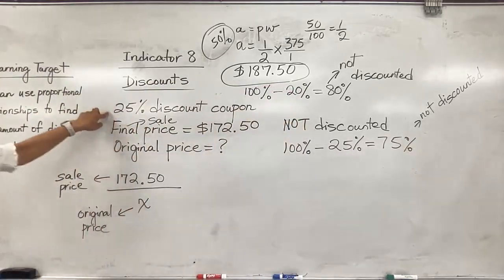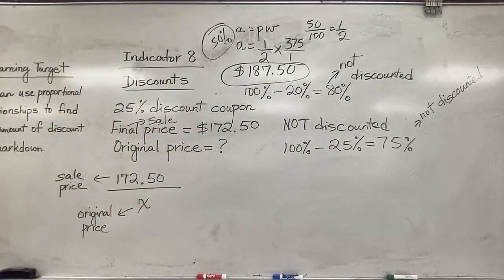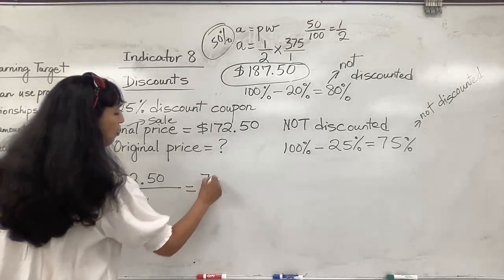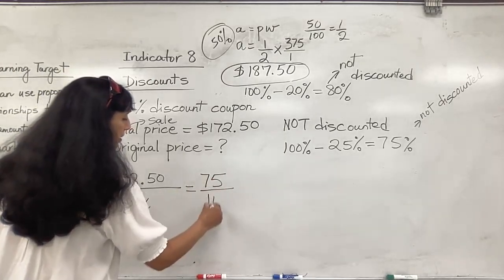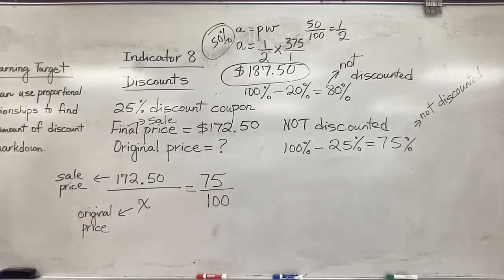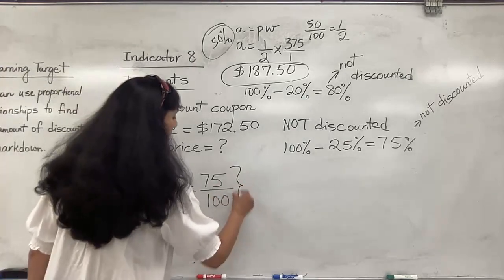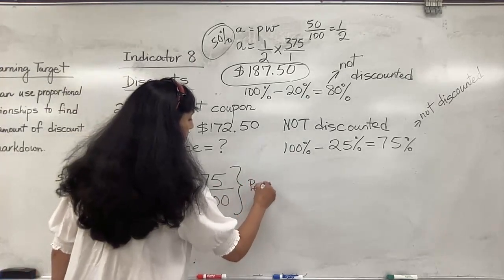So therefore, I can write this as the percent part: 75 over 100. I can also write it as 3/4. But if I write it as 75 over 100, that is perfectly fine. So this is my percent part.